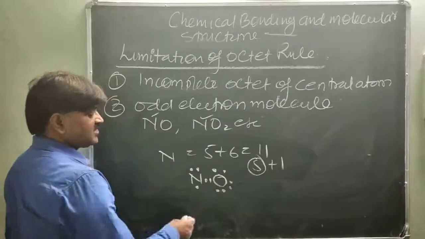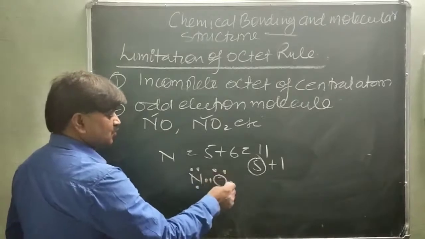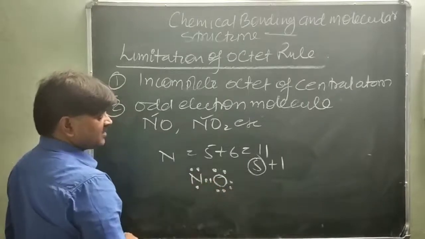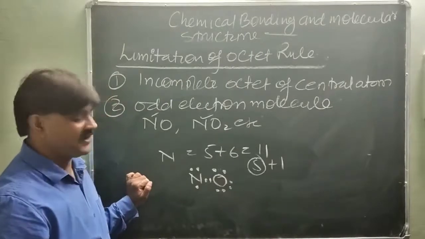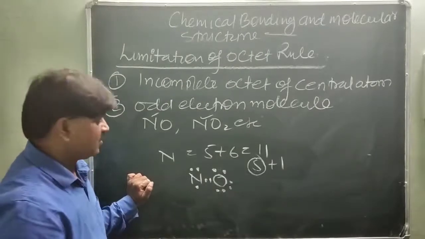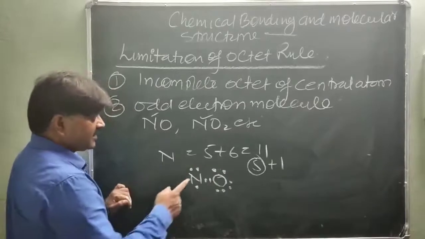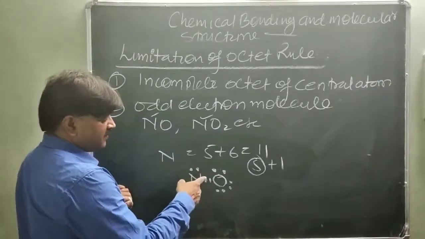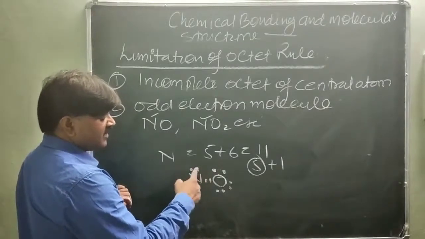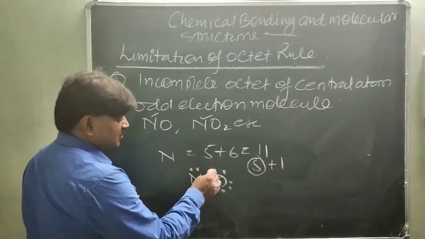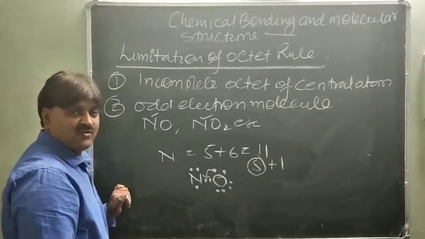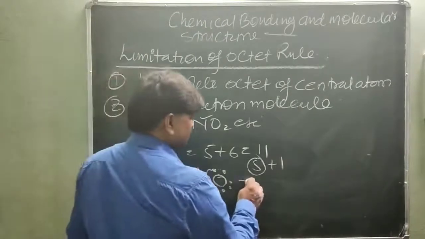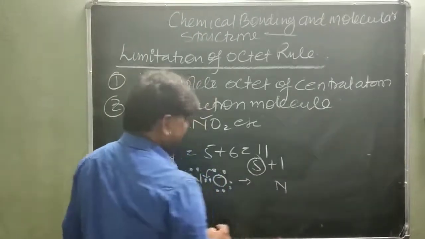You will see oxygen has 8, but how many electrons does nitrogen have, and how will you show it? To achieve the octet, this lone pair is also shared with the nitrogen atom to achieve a stable structure.